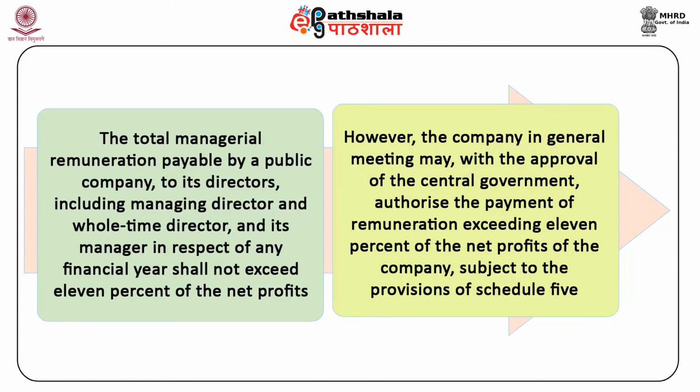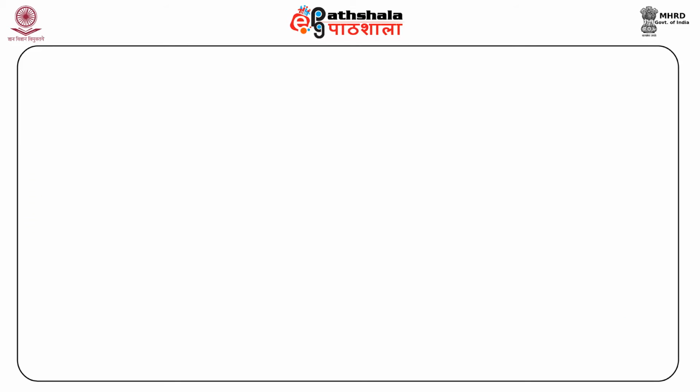However, the company in general meeting may, with the approval of the central government, authorize the payment of remuneration exceeding 11% of the net profits of the company, subject to the provisions of Schedule 5. Overall limit on managerial remuneration.